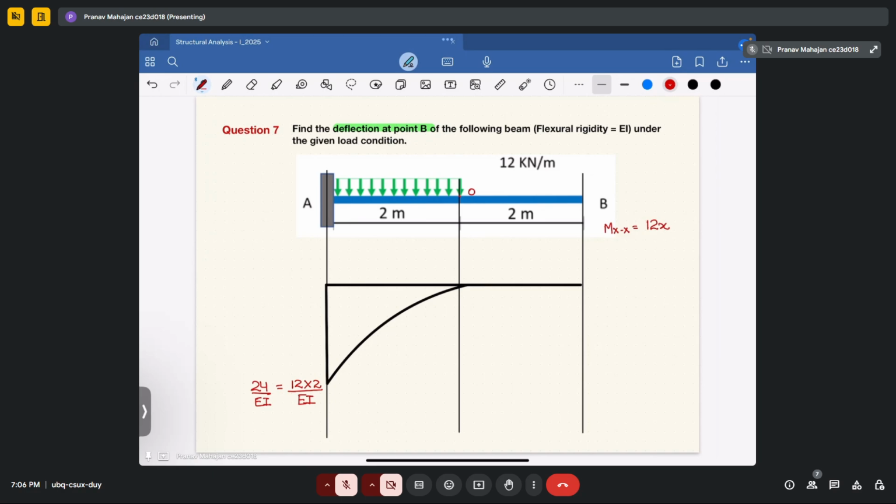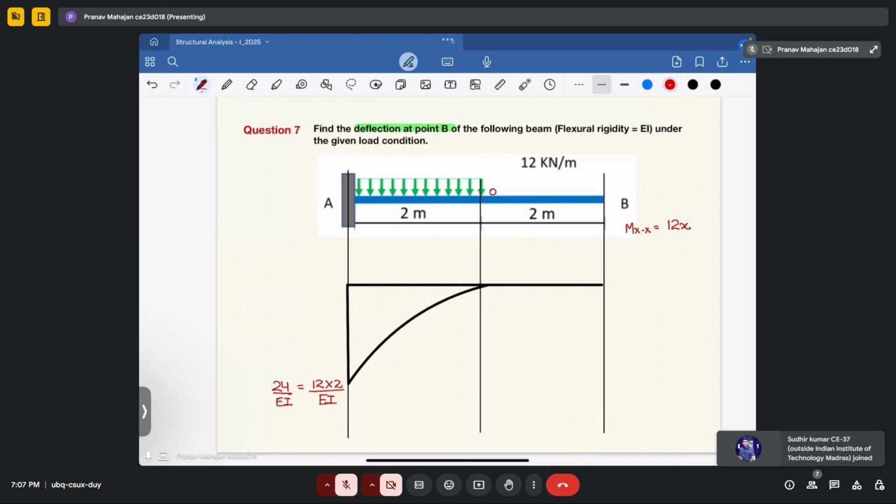Fine. This is how moment will come now. Into x by 2. That will also come.